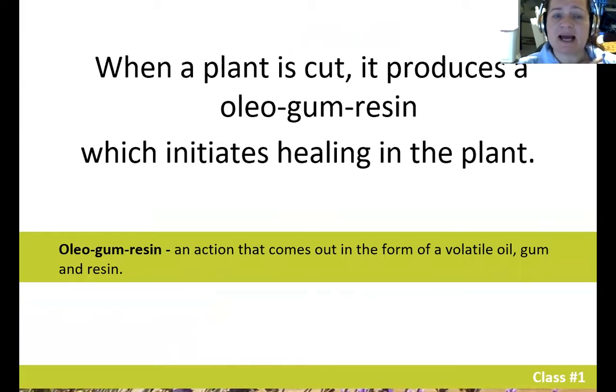When a plant is cut, it produces an oleogum resin, which initiates healing of the plant. It comes out in the form of a volatile oil, gum, or resin, and that substance is basically what oils are.